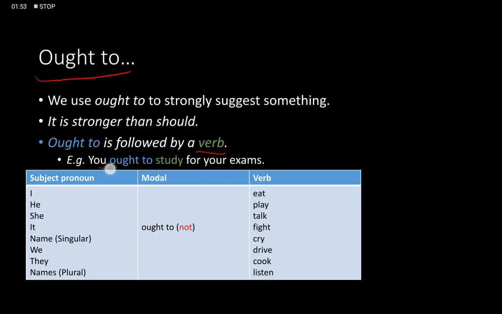So you ought to study for your exams. So we know the verb is study. Similar to should, we can use any subject pronoun, ought to or ought to not, and then a verb. For example, he ought to play. We ought to not fight.